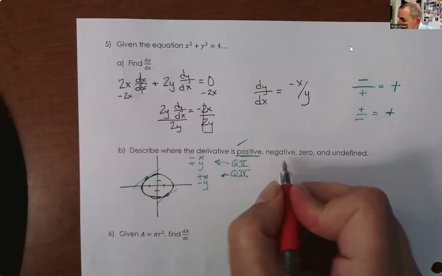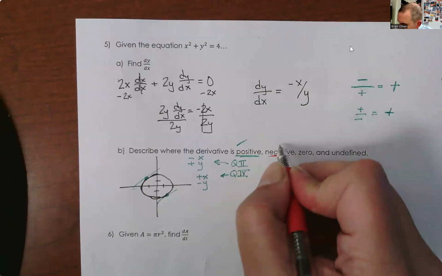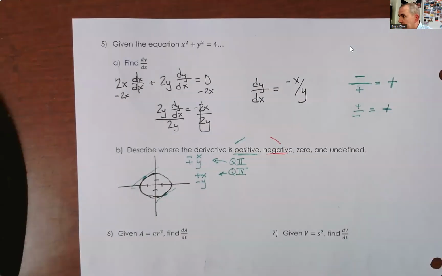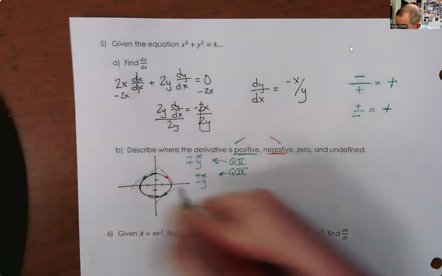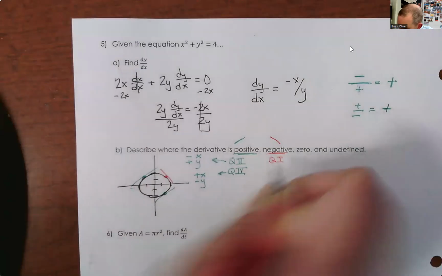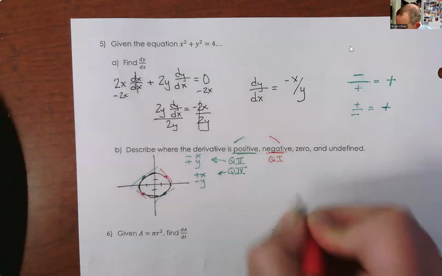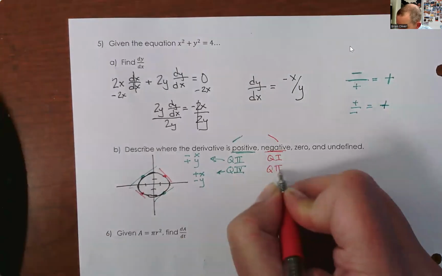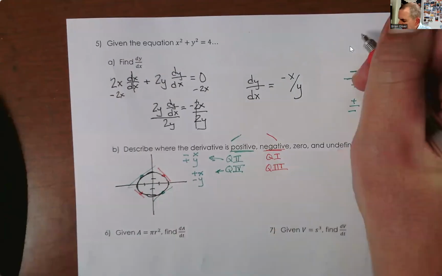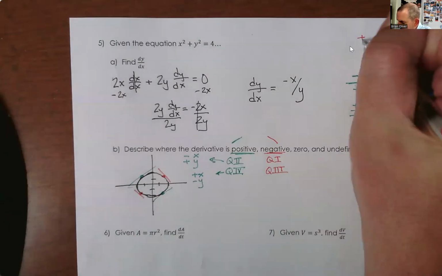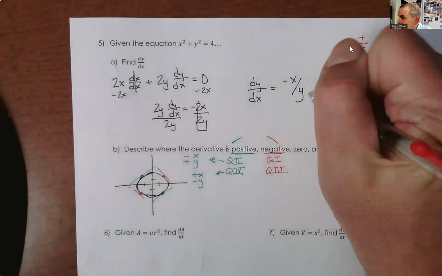Now we're going to look at our negative ones. And again, our negative slopes are going to look like that. Where we have negative slopes for derivatives are going to be right here in quadrant 1 and in quadrant 3. And you can follow, again, the same logic that when I'm in quadrant 1, I have positive numbers for x and positive numbers for y.